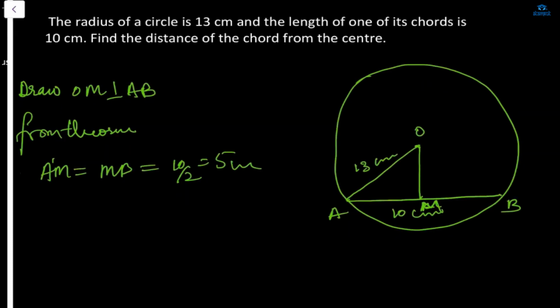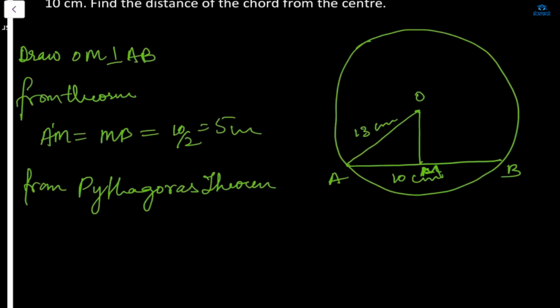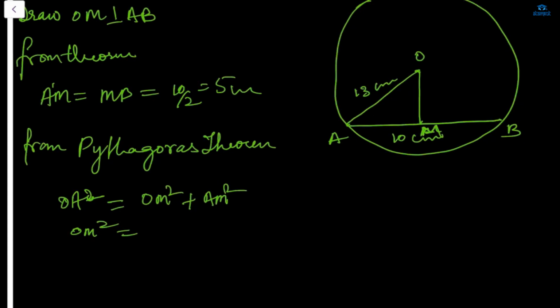From Pythagoras theorem, AO square is equal to OM square plus AM square. So OM is equal to the root of OA square minus AM square, which is root of 169 minus 25. The answer is 12 centimeters.